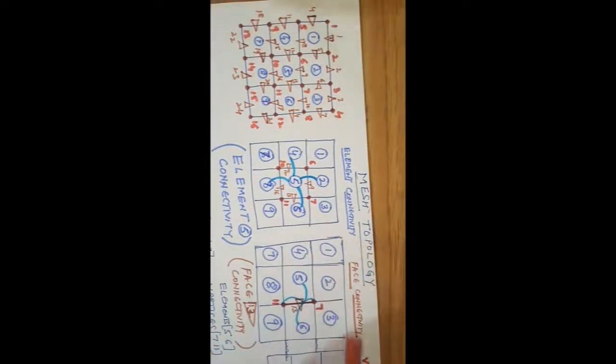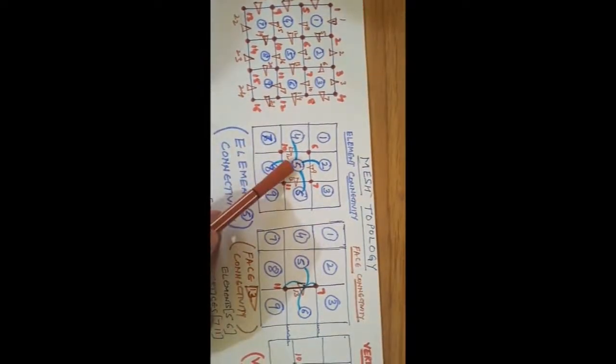So to understand this, say 5 is the element which we are analyzing. So 5 is actually influenced by, or it will influence both ways, the elements 6, 2, 4 and 8. Likewise, it will influence or get influenced by the vertices 6, 7, 11, 10.